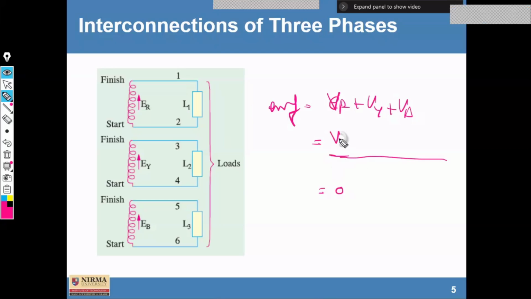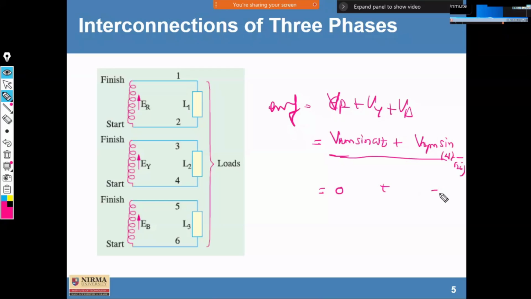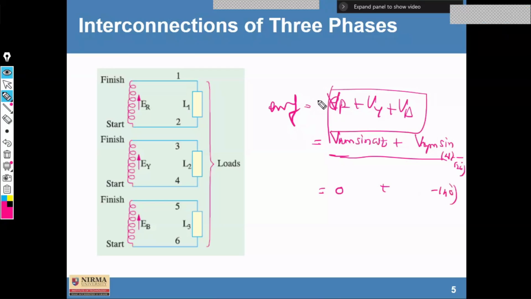Like VRM sine omega t plus VYM sine omega t minus 120 degrees plus the third with minus 240 degrees here. So if you sum all these three vectors with the method which we have already studied before, fine, we can get the value equal to 0 here.